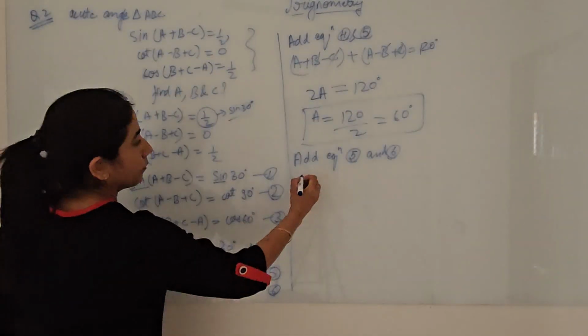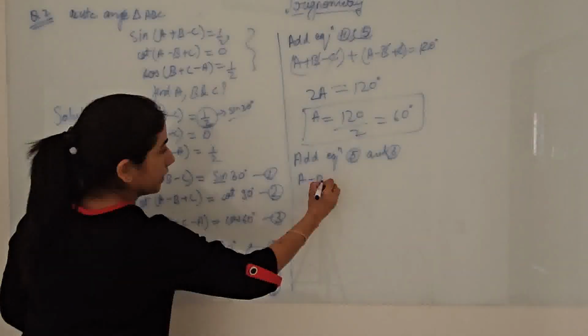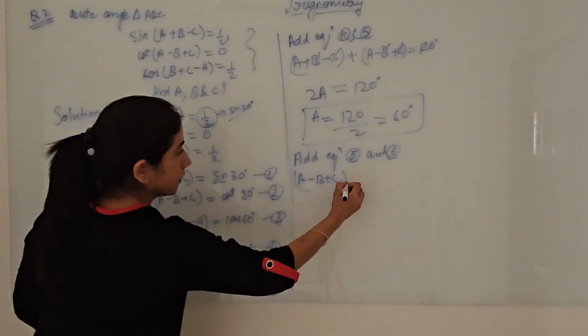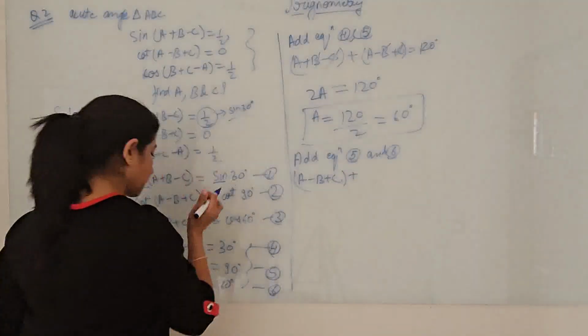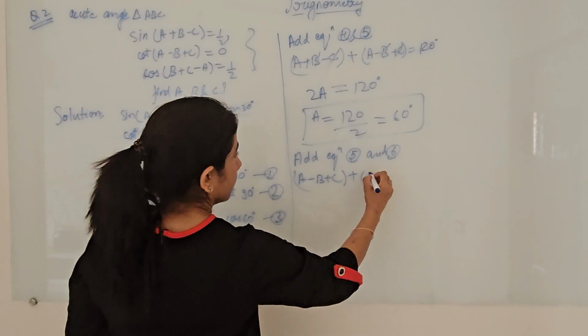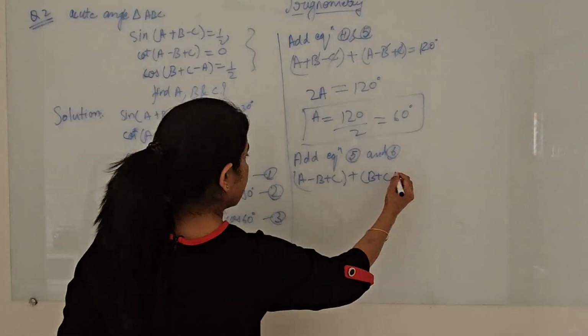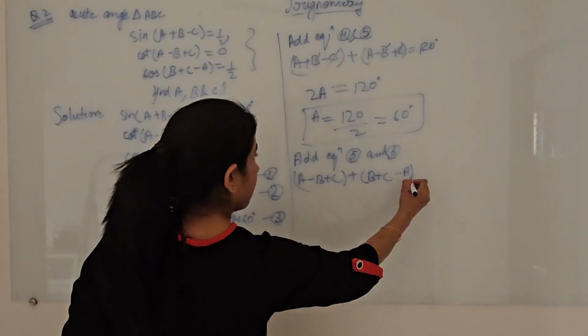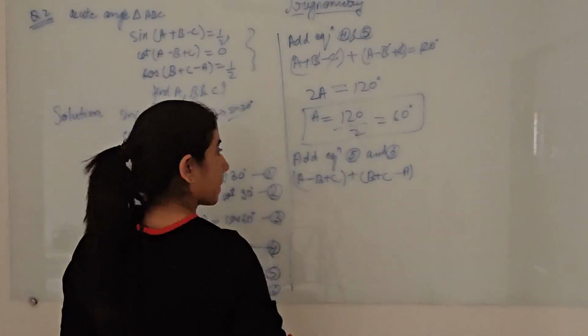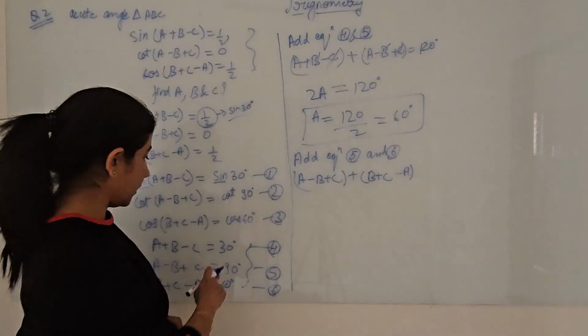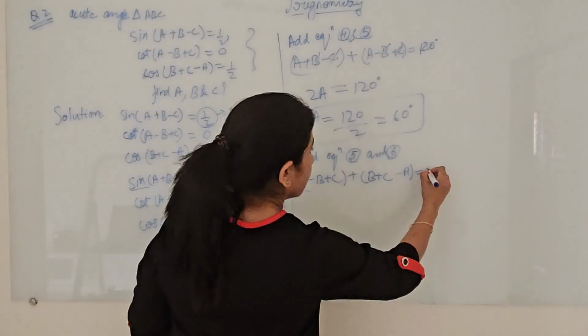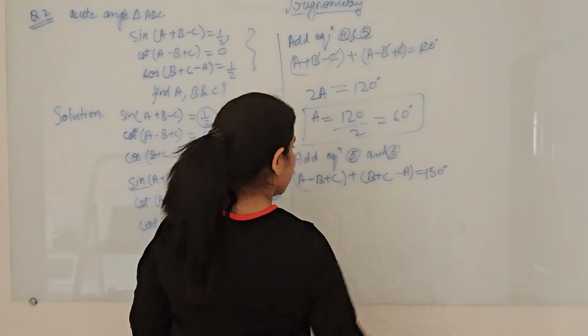So adding them, I got A minus B plus C plus B plus C minus A, and 90 plus 60 I got as 150 degree.